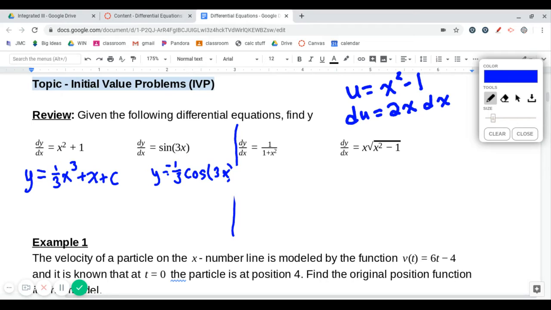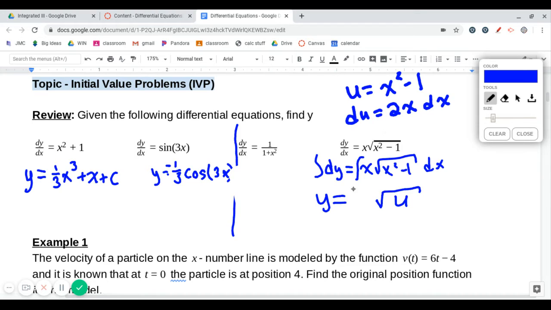So we can separate this: dy is equal to x square root of x squared minus 1 dx. We integrate both sides. This becomes y equals, now time for our u substitution. Under the square root is easy. That becomes the square root of u. And we want to put in du, which means we have to replace with a 2x. Notice here that we only have an x, but we need a 2x to make du. So we'll counter that by multiplying by 1/2 up here.